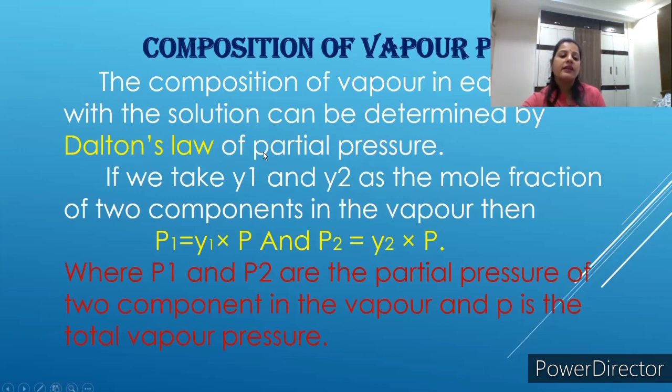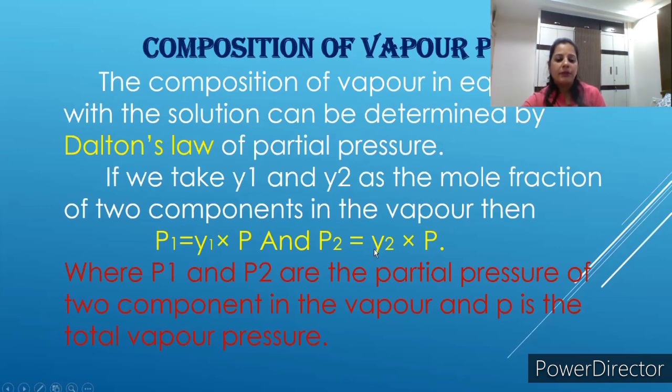If we consider y1 and y2 as the mole fractions of the two components, then P1, the partial pressure of the first component, is equal to y1 into P, where P is the total vapor pressure, and the partial pressure of the second component is equal to y2 into the total vapor pressure P.